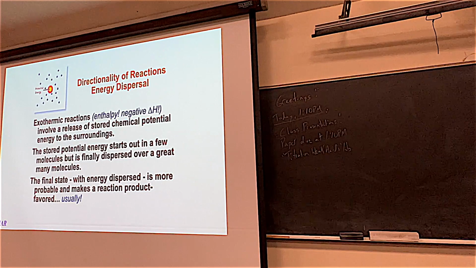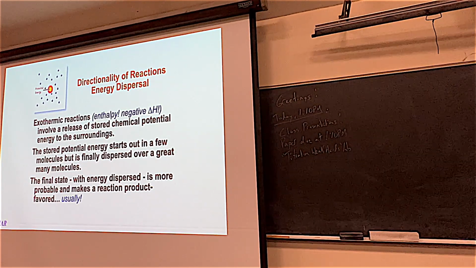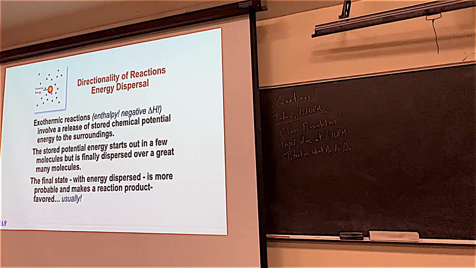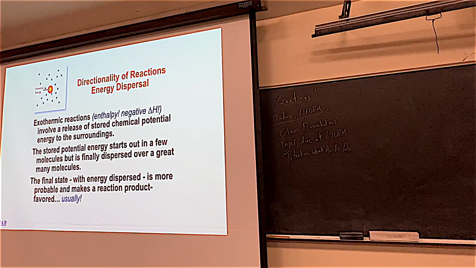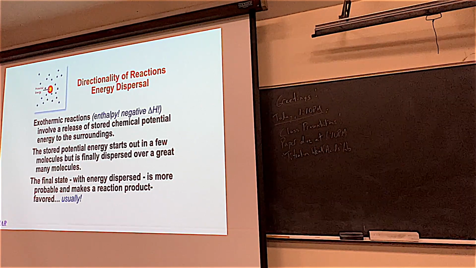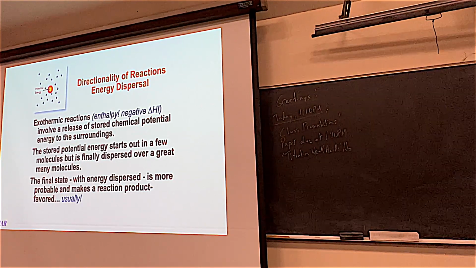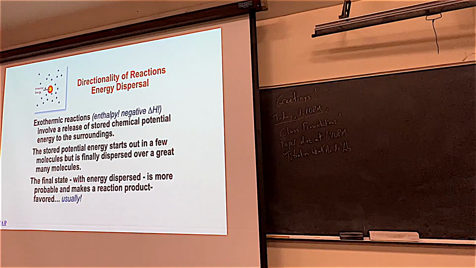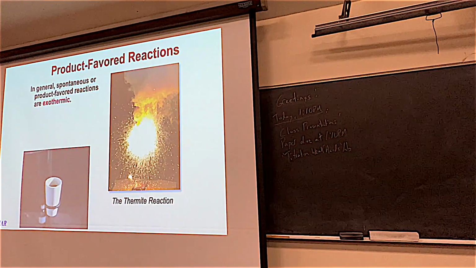And in these exothermic reactions, you're making it happen. So that potential energy is turned into kinetic energy. The energy is distributed not just to a few molecules, but to a lot of molecules, to the water, the air, the glass container, whatever is around it. So usually exothermic reactions are product favored. Usually, but not all the time.